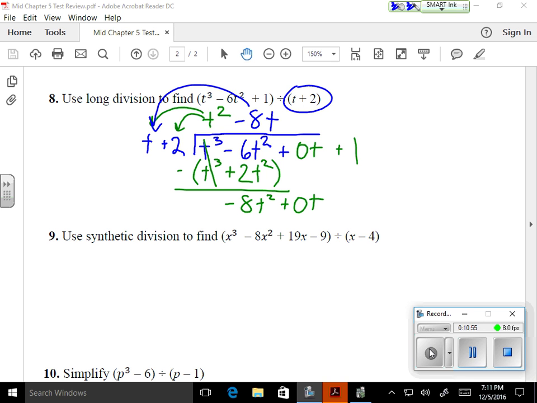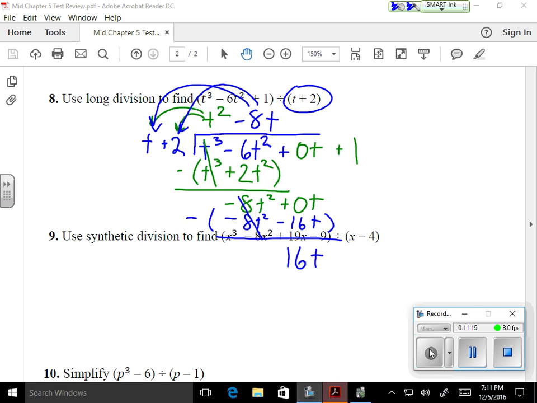Negative 8t times t is negative 8t squared, and negative 8t times 2 is a negative 16t. And so when I subtract here, I get 0 again, and 0 minus a negative 16t will be a positive 16t.